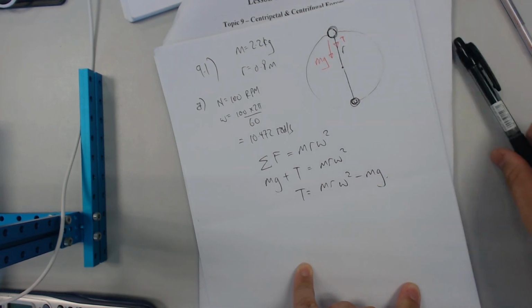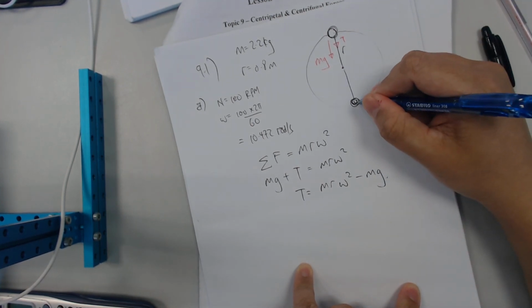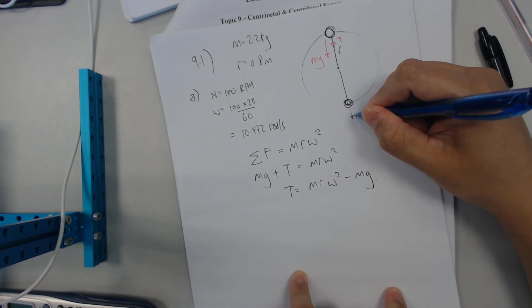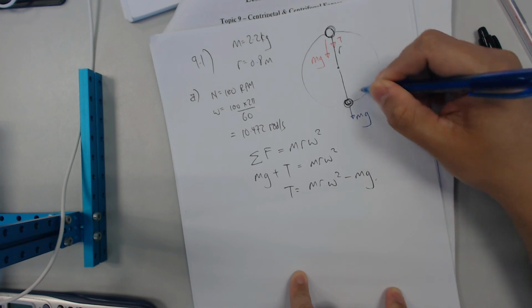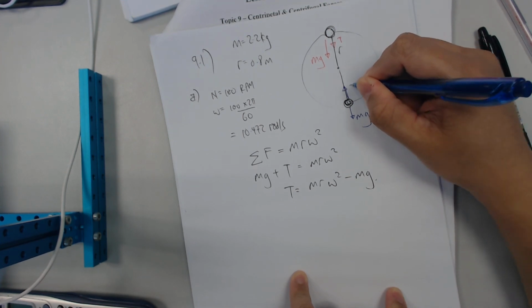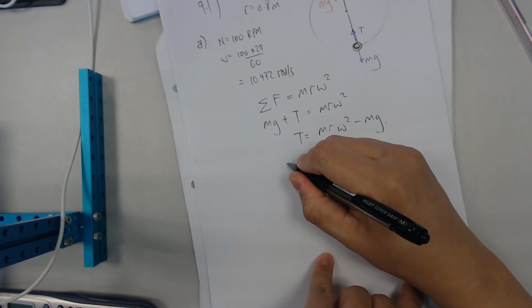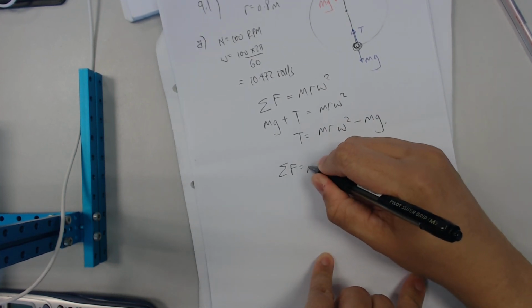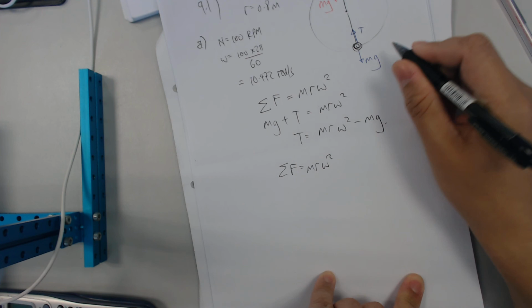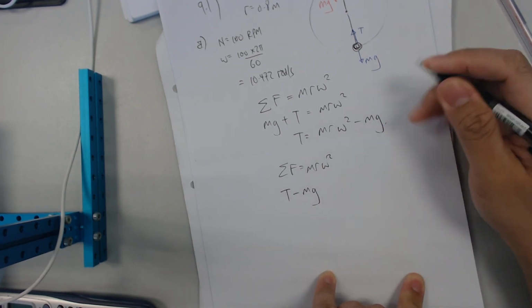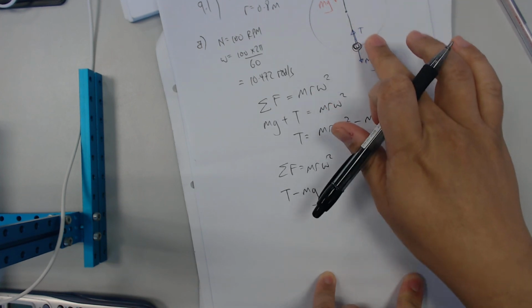Your tension is now m r omega squared minus mg. Now look at the second scenario. When the sphere is at the bottom, what forces do you have? My weight is still pointing downwards, and my tension is pointing upwards. When you do the sum of forces equals m r omega squared, you will realize that it is now T minus mg, because the overall direction is still pointing towards the center.